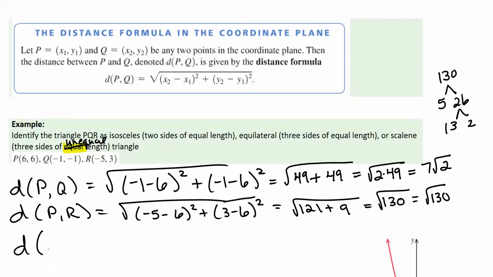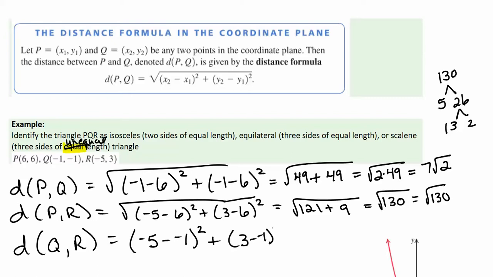Finally, the distance from Q to R. Right now these two are not equal, so we know we don't have an equilateral triangle. From Q to R, that's going to be (-5 - -1) squared plus (3 - -1) squared, and we're going to take the square root. -5 plus 1, that's -4 squared, that's 16.